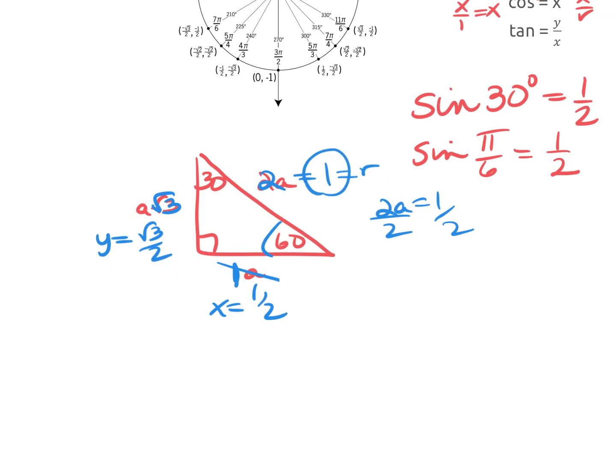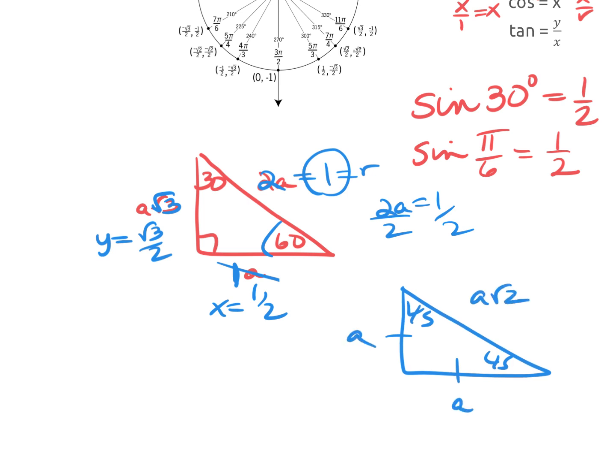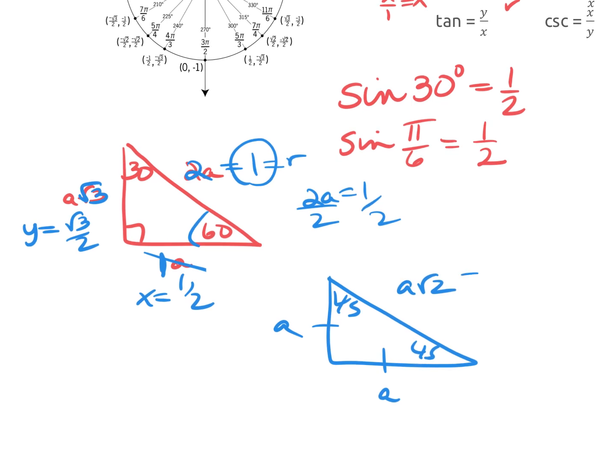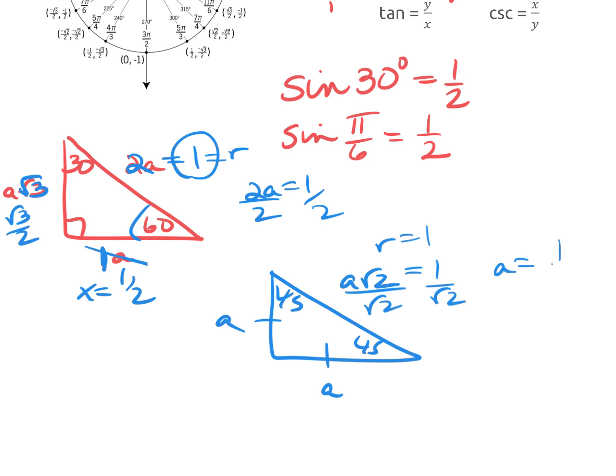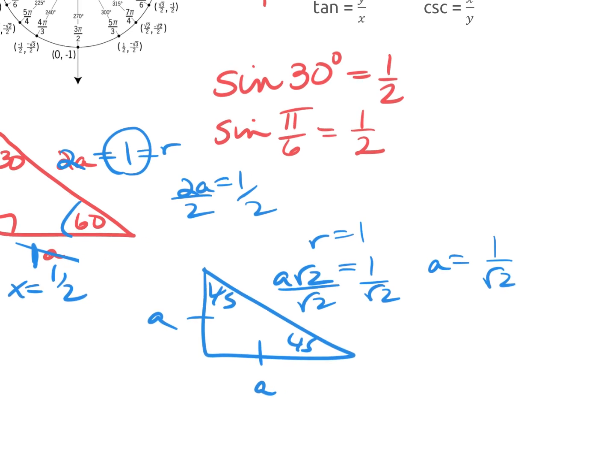The same thing for the 45, 45. So when you have the 45, 45, remember, we memorized these as a and a square root 2. Well, this a square root 2, this r value, is equal to 1, so I have to solve for a by dividing both sides by square root 2, and a is equal to 1 over the square root of 2.